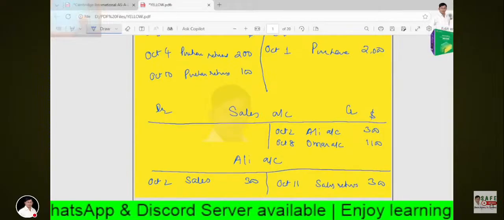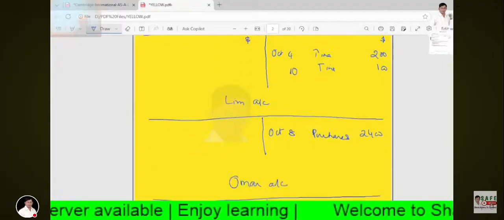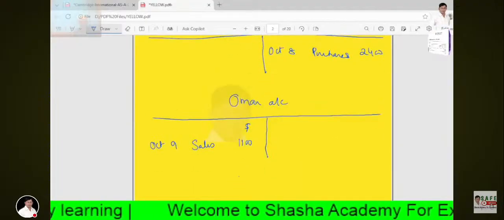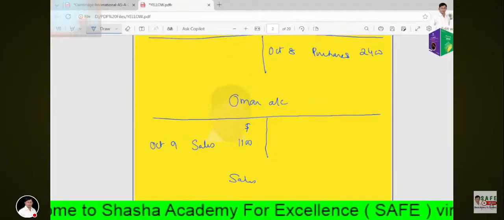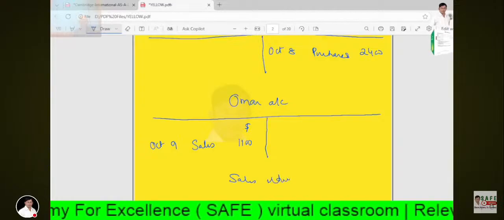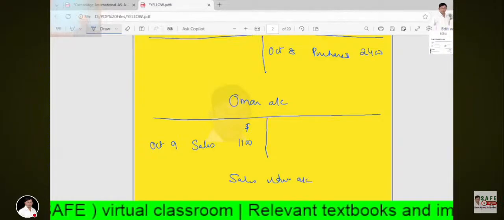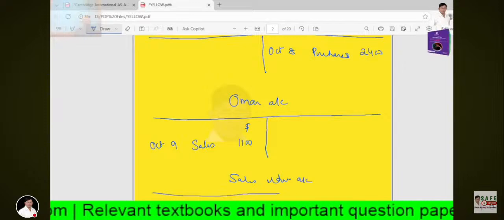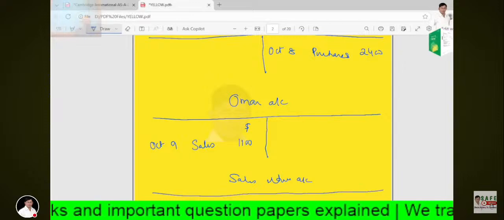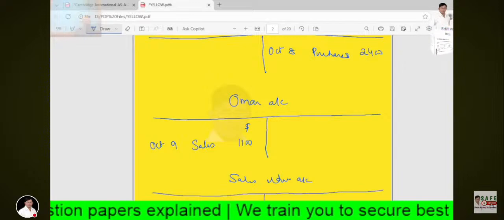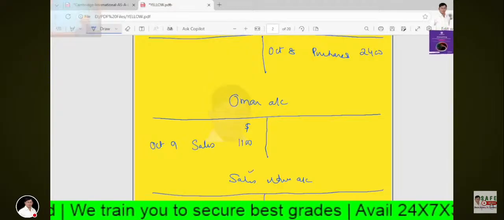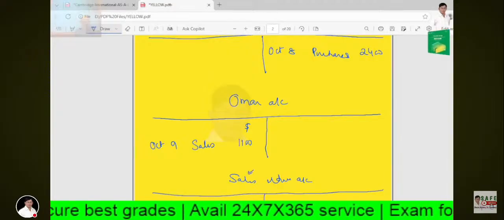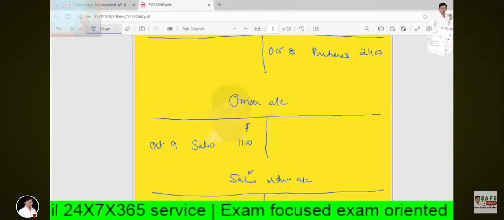So now, one more account, sales returns. Sales is always a credit. Sales returns is exactly the reverse of that. It is always a debit.